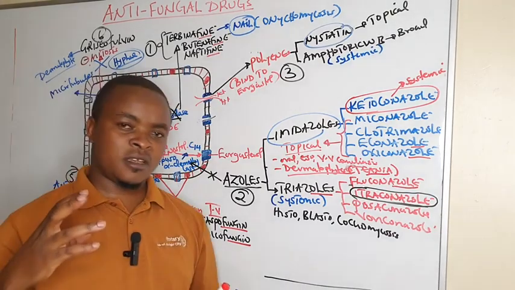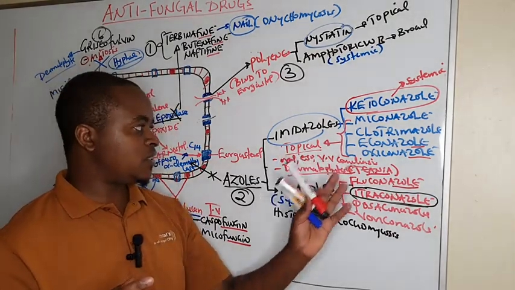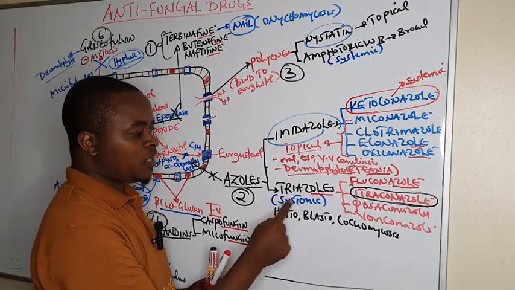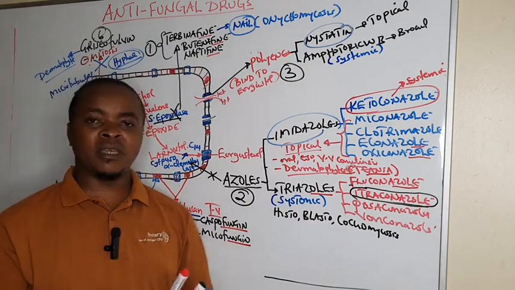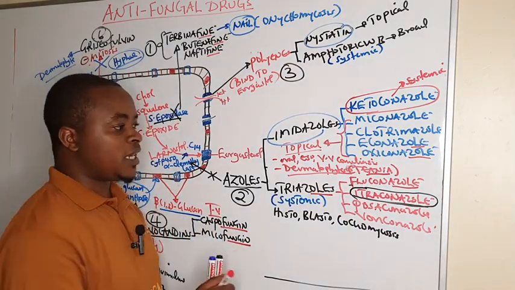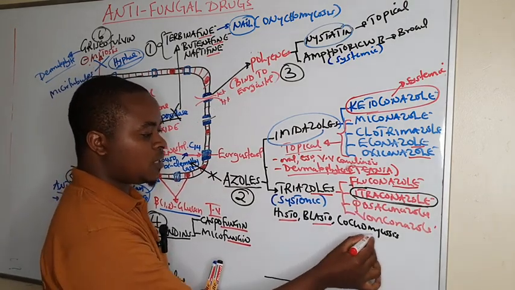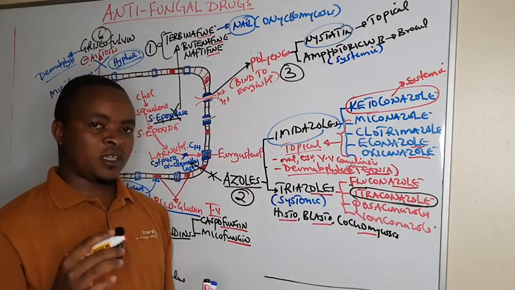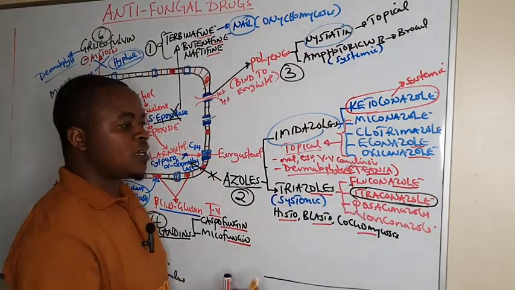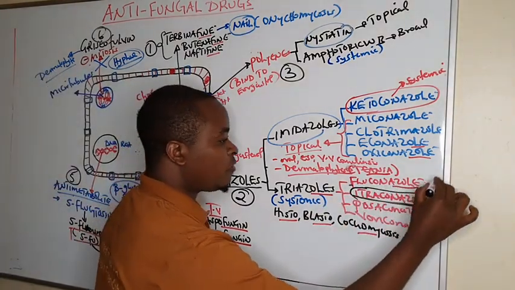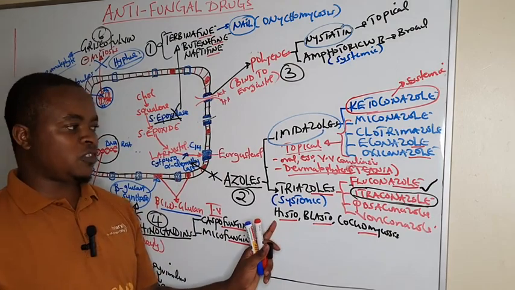But then this is what we can see here. The triazoles are used for treating systemic infections. And as we said, itraconazole is used for histoplasmosis, blastomycosis, and coccidioidomycosis infections. Itraconazole being the drug of choice, but we can also use fluconazole to treat these infections.